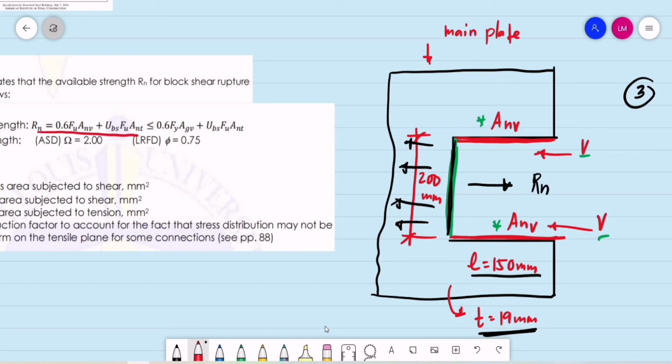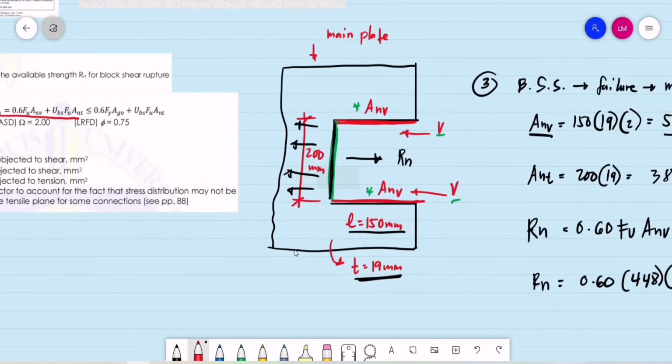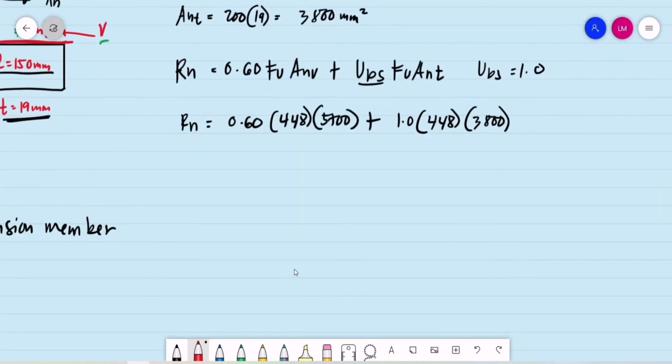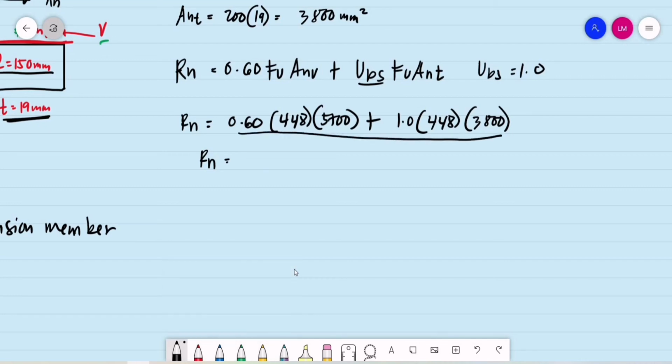This is also available under AISC. So let's have this value. R sub N is now equal to, by the way, this value will be in newtons, so divided by 1,000 for all terms so that this value will be in kilonewtons.